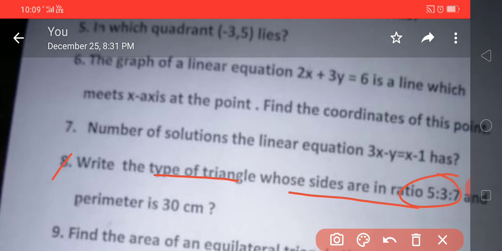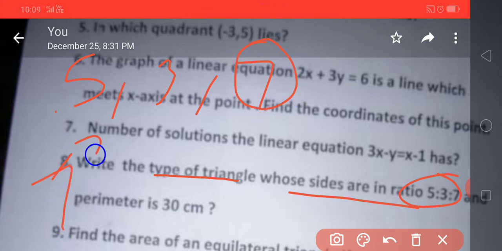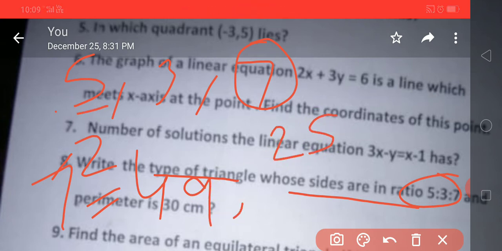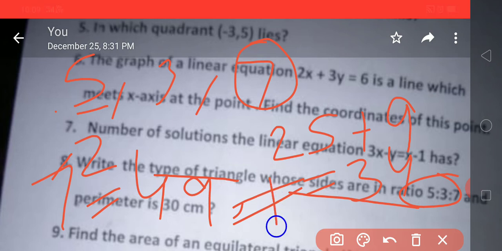Question 8, write the type of triangle whose sides are given. If it is given for 1 mark, you are not supposed to solve it fully. You can see 5, 3 and 7. The longest side is 7. 7 square is 49, 5 square is 25, and 3 square is 9. If you get the sum, this is 34, which is not equal to 49.